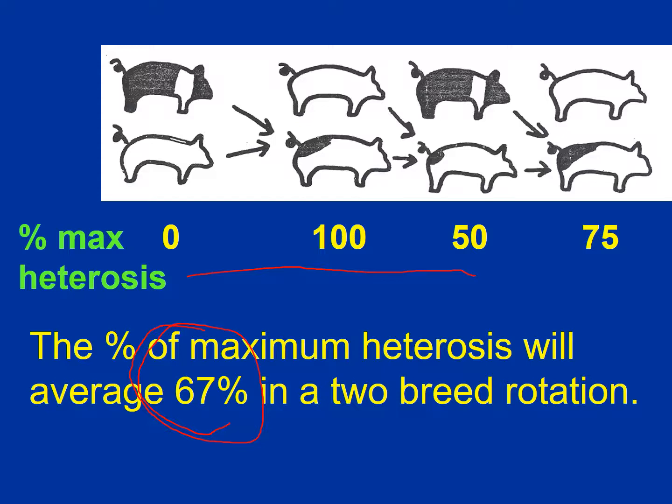Now this is a 2-breed rotation, and if you get 2 breeds within your species that you believe are the best, and if you go to a 3rd breed, you'd be pretty inferior, then you might want to just stay with 2 breeds. But 2-breed rotations are not utilized all that much today because you're giving up 1/3 of the available heterosis.